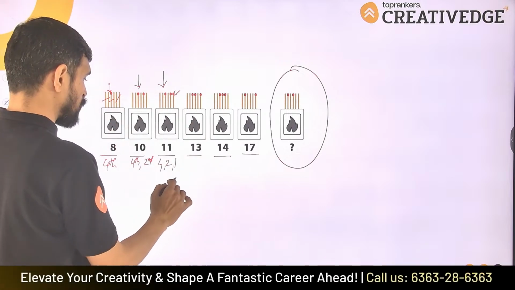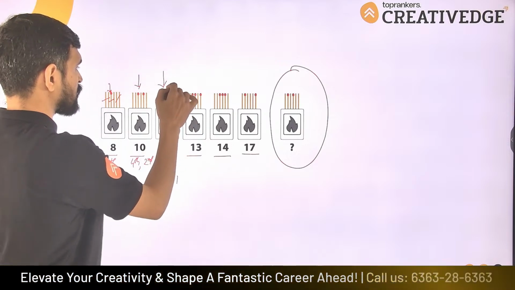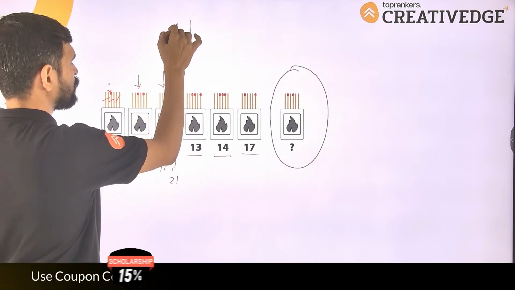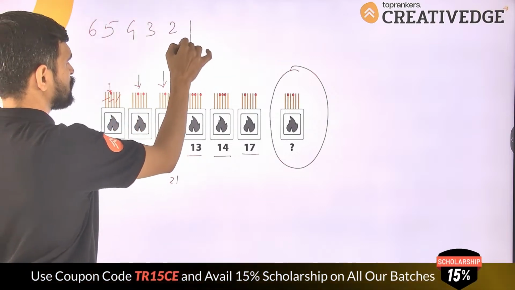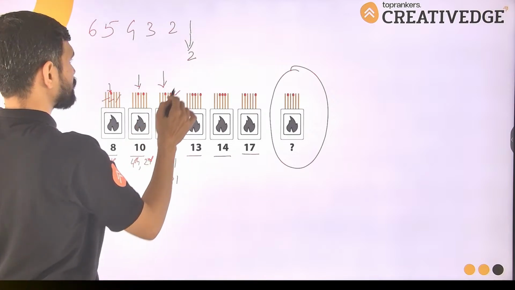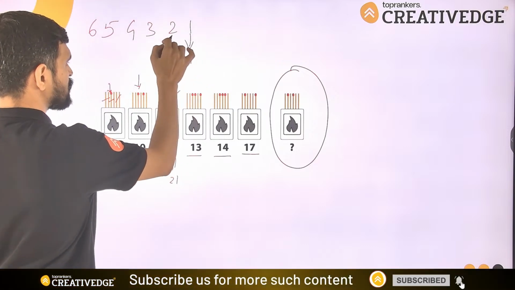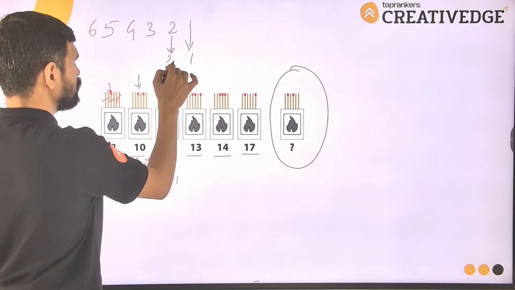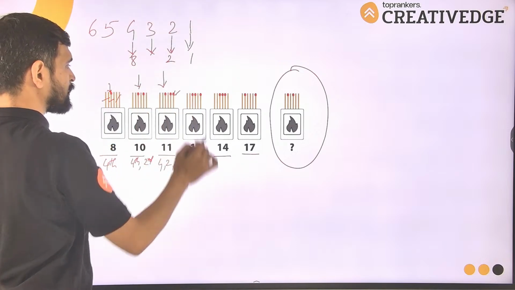So this is like 1, 2, stick number 1 का value 1, 2, 3, 4, 5, 6. Stick 1 का value is 1, stick 2 का value is 2, stick 3 का value नहीं पता चला है, stick 4 का value is 8.